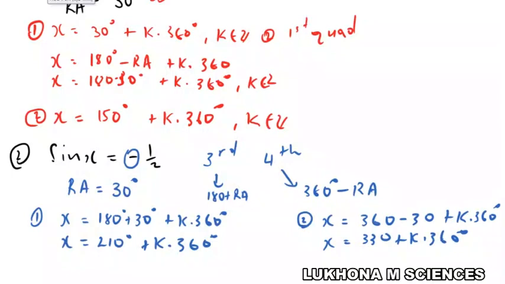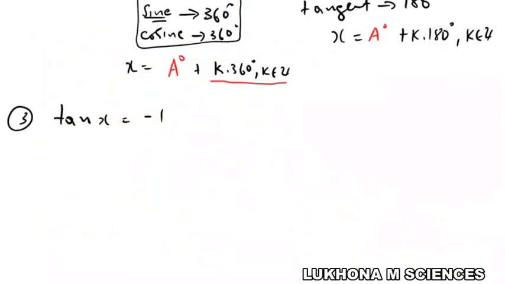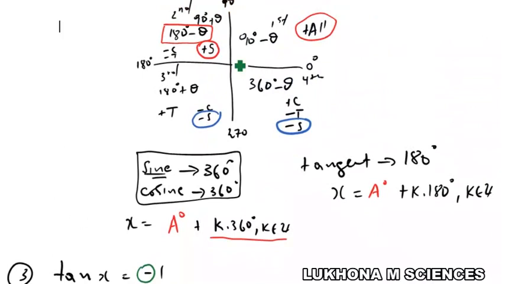Okay, let's look at example number 3. Number 3 is tan x is equal to -1. Then again, the negative sign tells us the quadrant that we must focus on. So we are going to look at the quadrants where tan is negative.